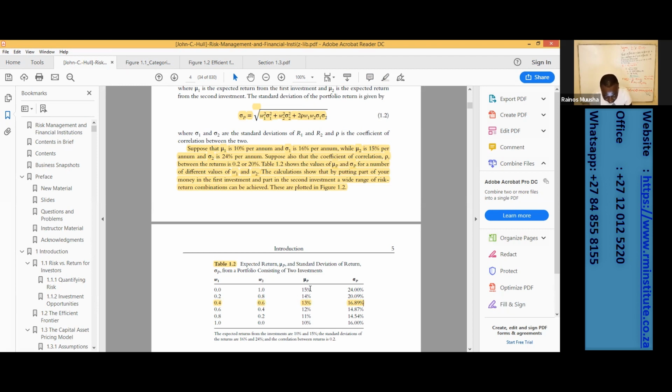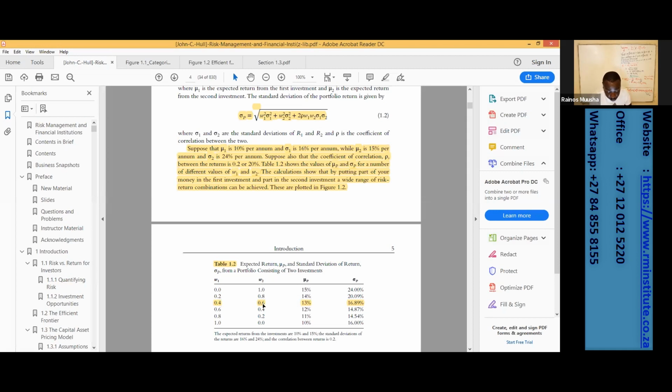How do we get the expected return of the portfolio being 13%? And how do we get the standard deviation of the portfolio being 16.89%? I'm just going to demonstrate how we're getting these values, given that the weight of asset 1 is 40% and of asset 2 is what?